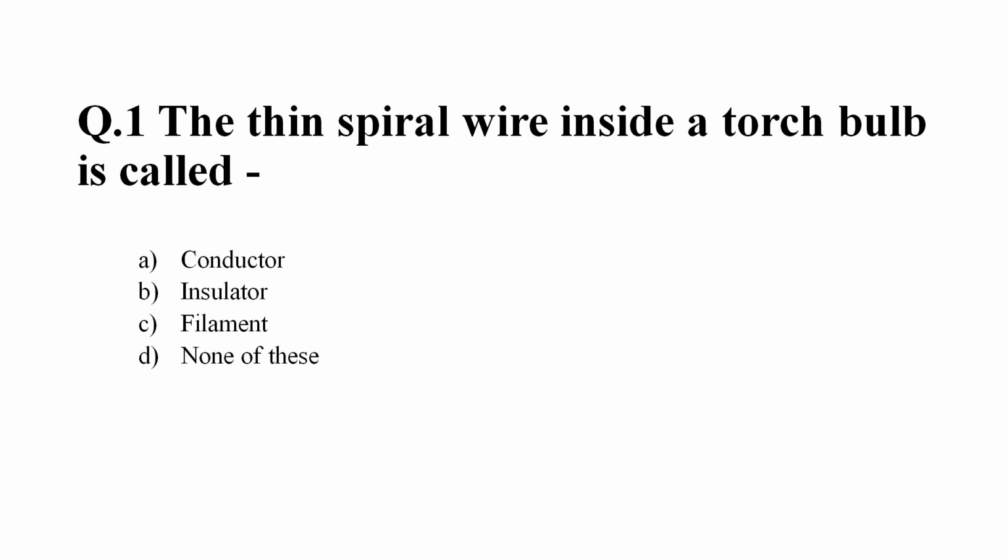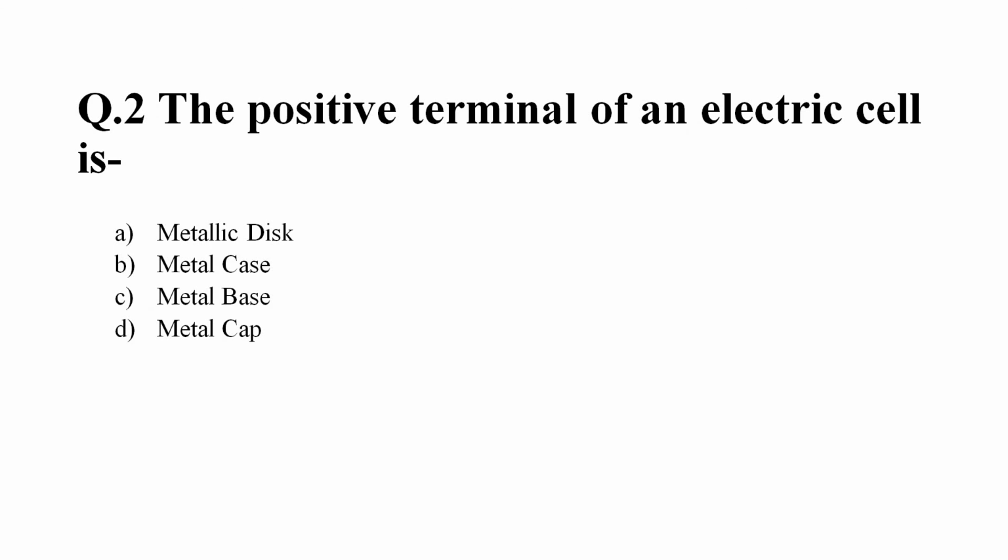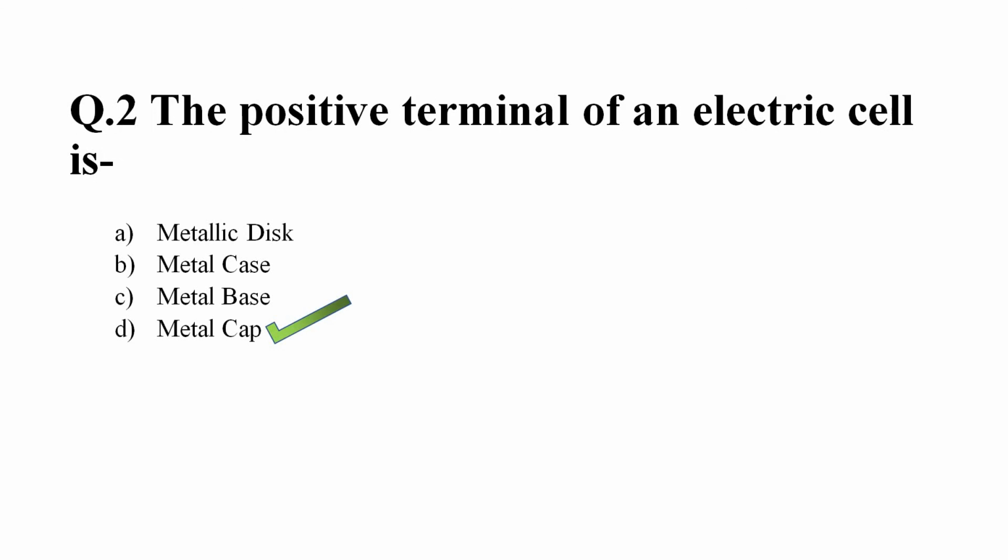And the correct answer is option C, filament. Question number 2. The positive terminal of an electric cell is option A, metallic disc, option B, metal case, option C, metal base, option D, metal cap. And the correct answer is option D, metal cap.